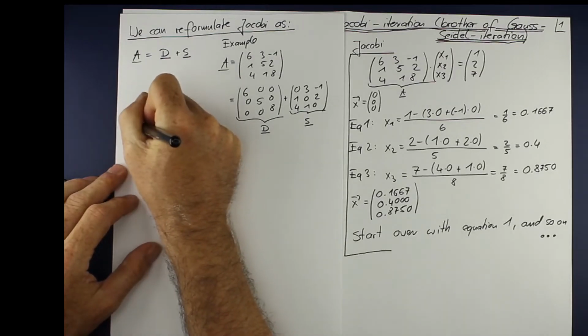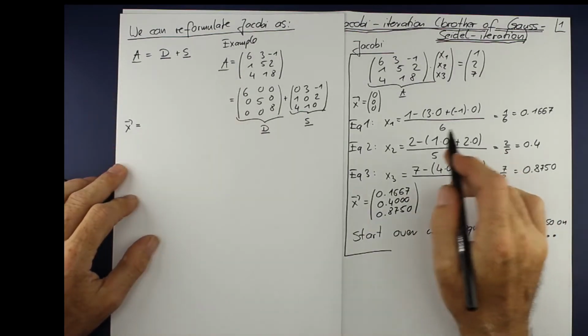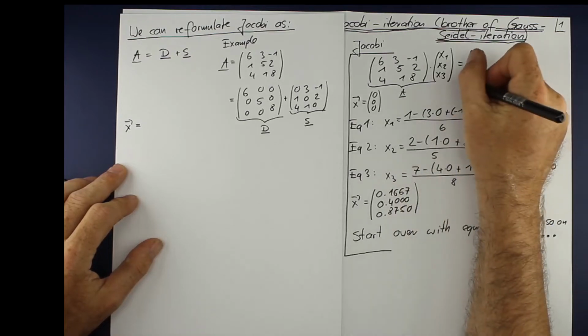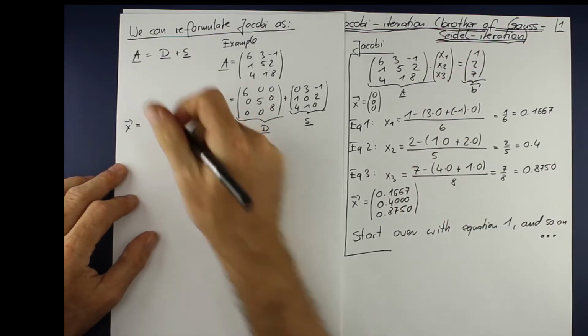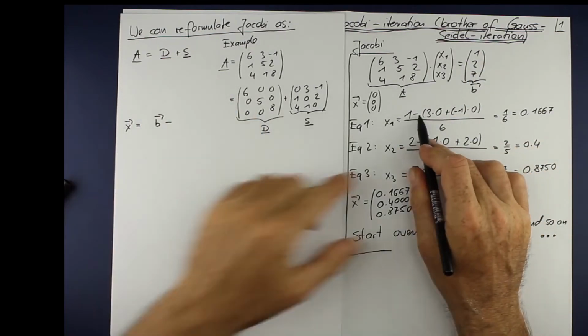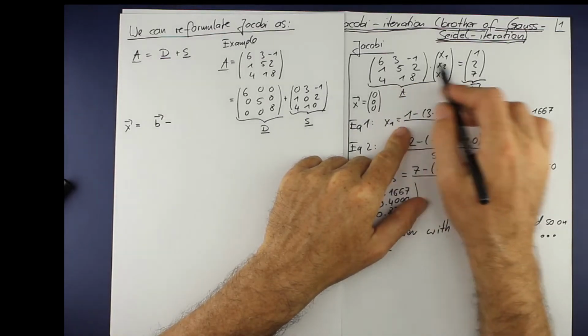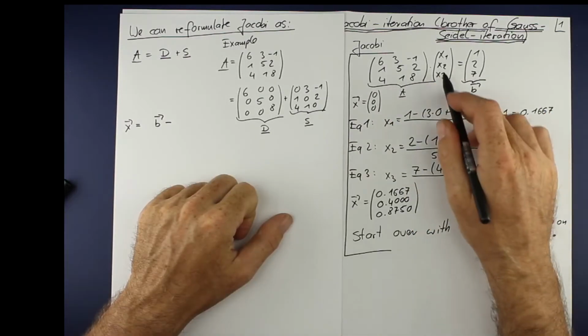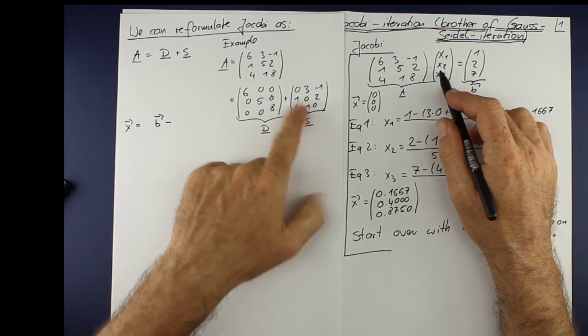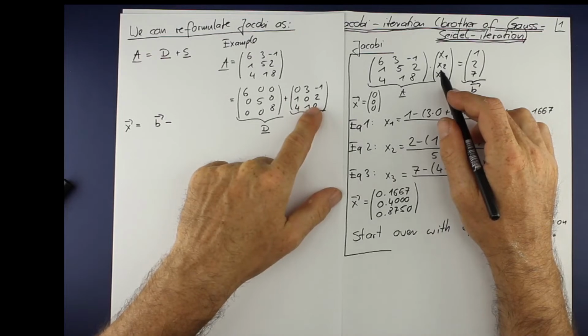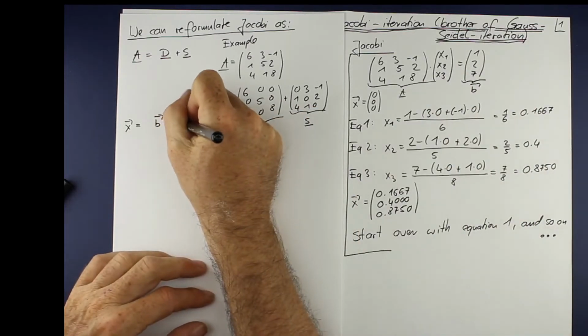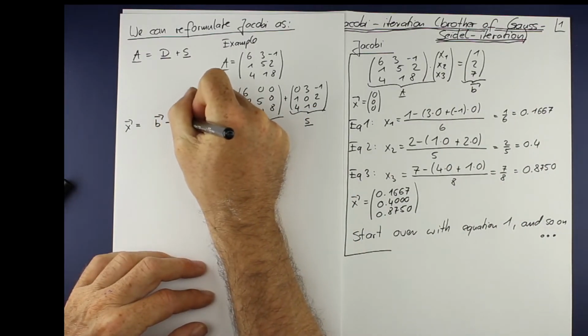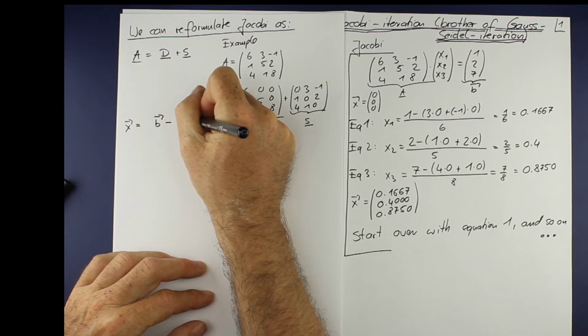The x vector is updated by taking the right hand side B and subtracting everything in each line except the diagonal. So this is that S, everything but the diagonal. So we can write B minus S times X.